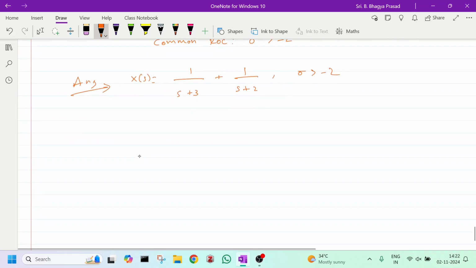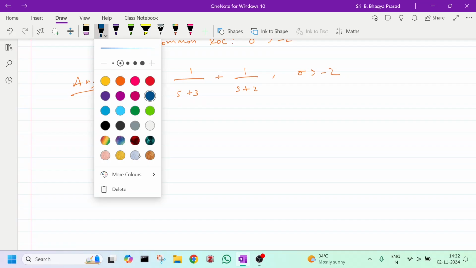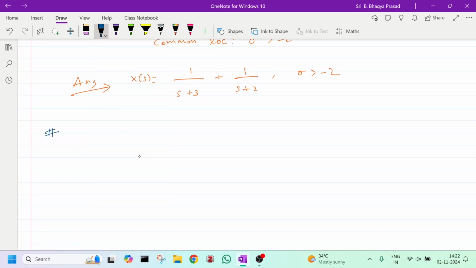Let us see another one. X of t equals e power minus at u of t plus e power minus bt u of minus t. Let us solve this one and find Laplace transform and ROC.